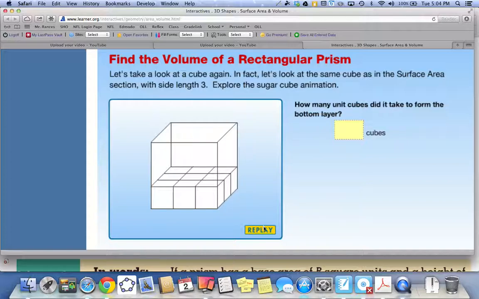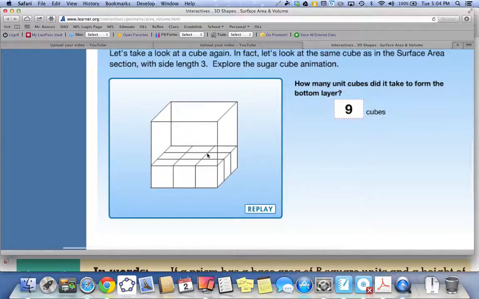If you notice, it is being filled with cubes. The bottom layer has how many cubes? It has 9 cubes. If you get those 9 cubes and pile them up, what is the volume of this rectangular prism?